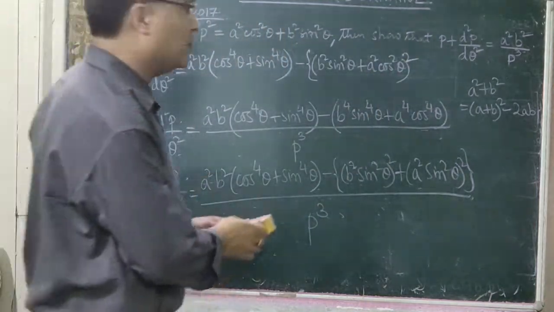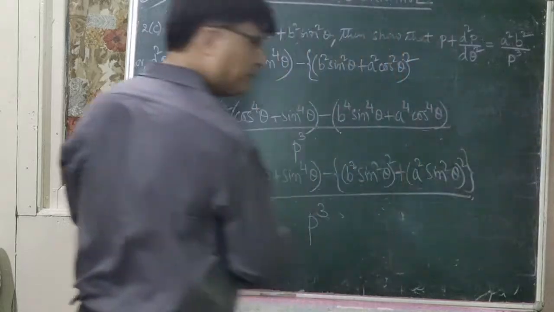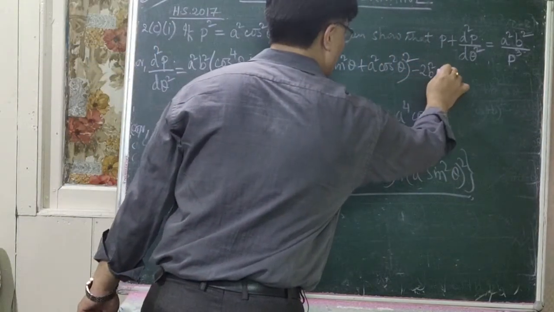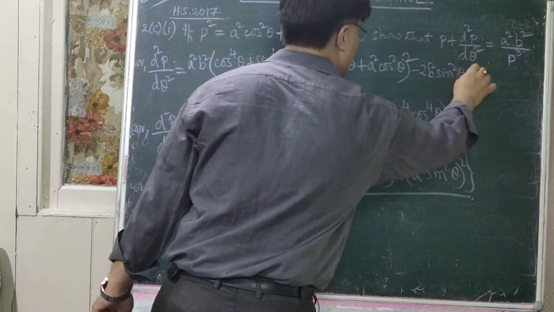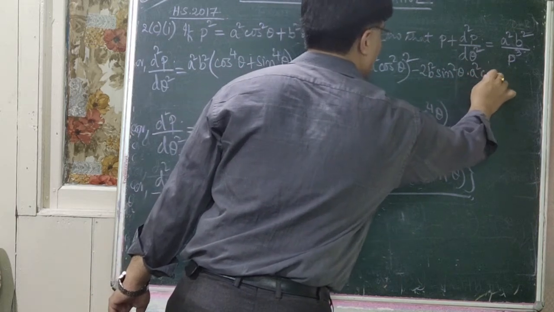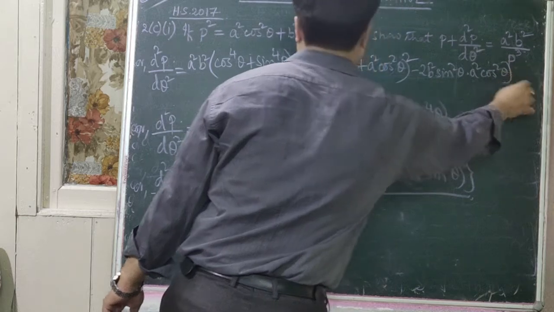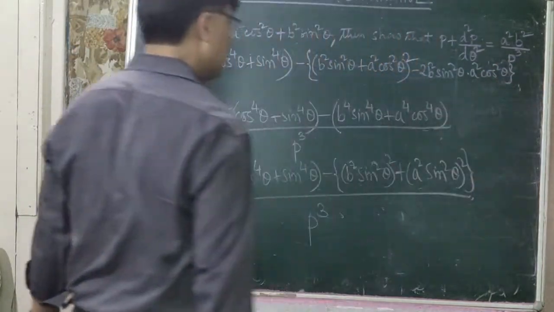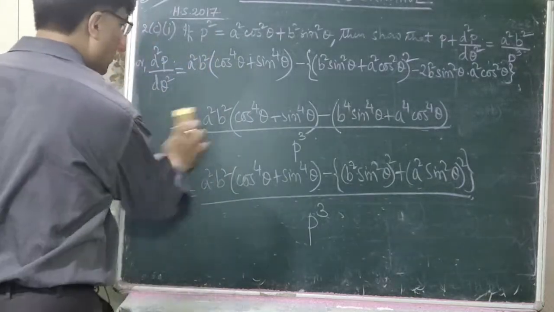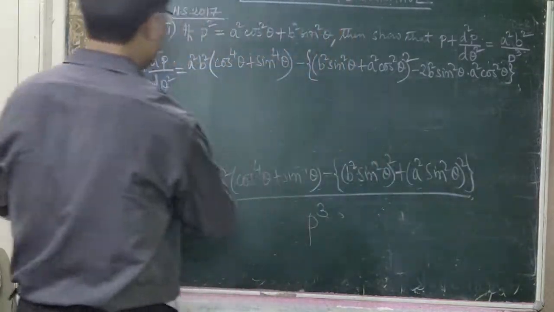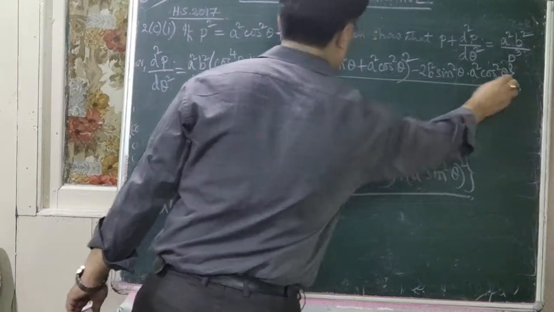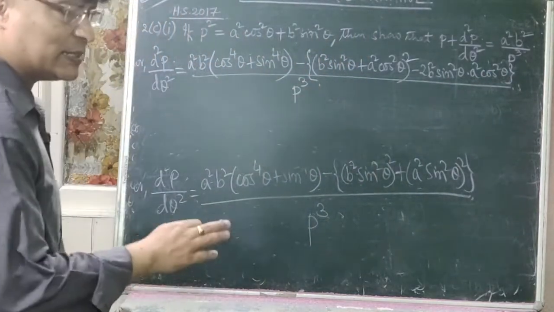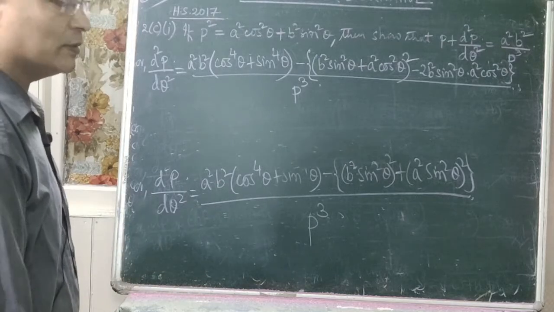Then minus twice ab. What is minus 2ab out here? Minus 2 b² sin²θ into a² cos²θ. Second bracket is closed. So this whole divided by p³. Okay?